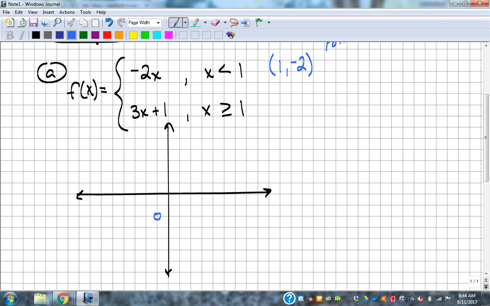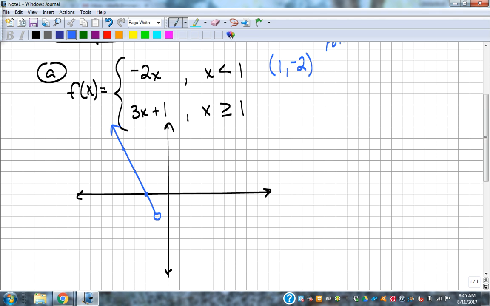So I'm going to count my negative 2 slope to the left. So that would be up 2 and left 1. And I could do that a couple of times, 3 times maybe. And it keeps going forever to the left. Negative 2 slope, up and to the left, like that. And that's that first piece.